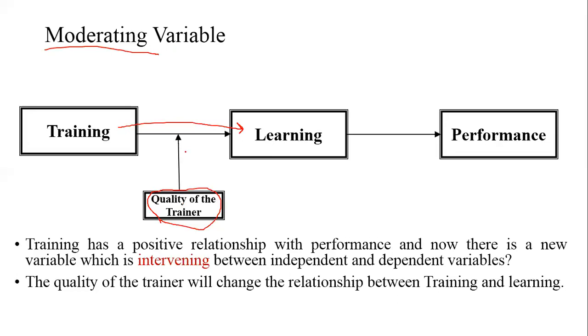Now, one thing we want to make clear here is that the main difference between mediating and moderating is that mediating is involved in the transmission of the effect, which means that training leads to learning and then learning leads to performance.